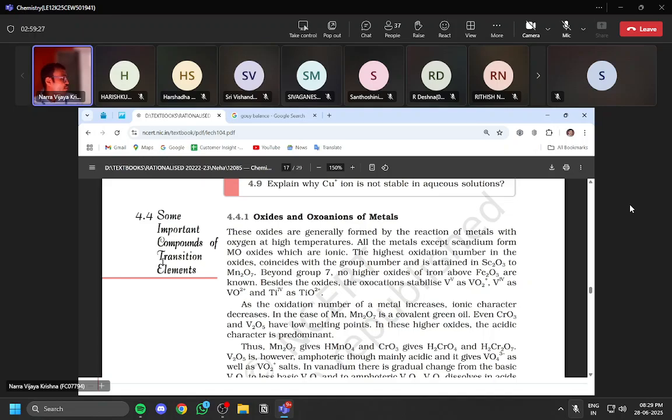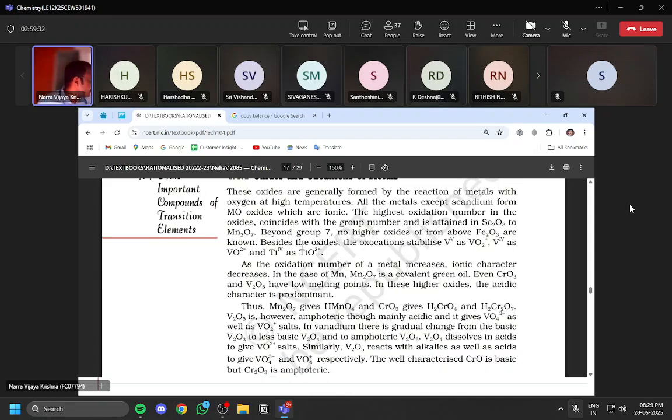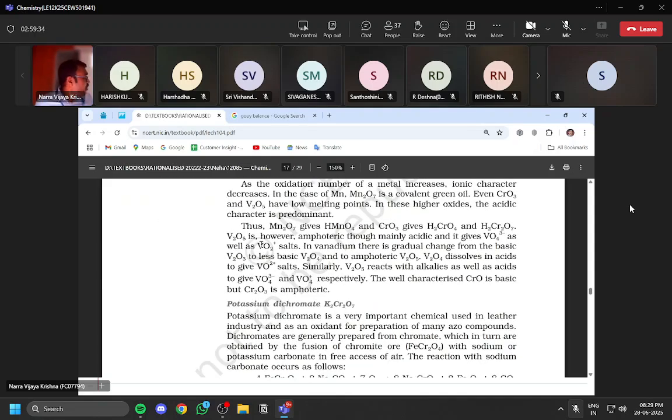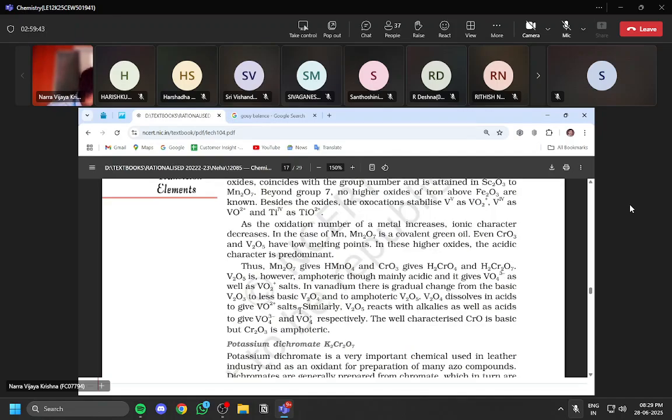Some important compounds of transition elements are discussed here. All these are different compounds. See this, V2O5.